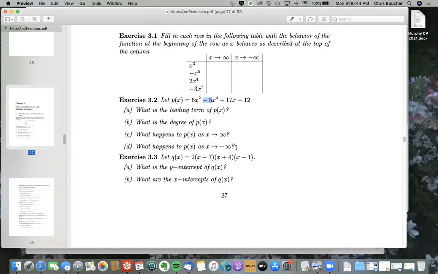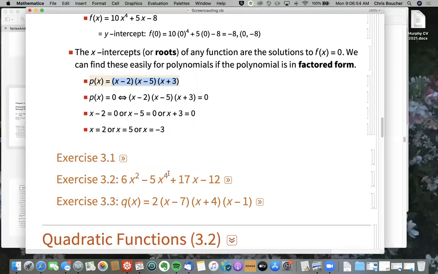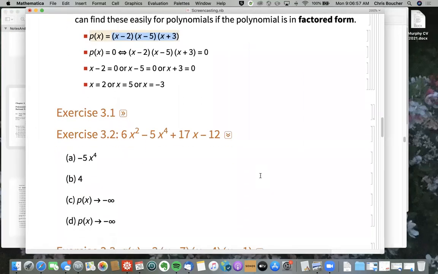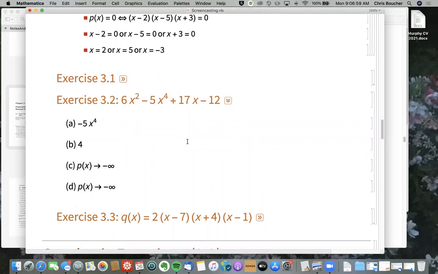And the answer to D is exactly the same, because x to the fourth goes up in both directions, to the left and to the right, and the negative coefficient will reverse both of those. And those, I believe, are the answers that we have here in the notes. So these will be preserved in the notes. They're in the exercise solutions, of course, on the Canvas page as well.